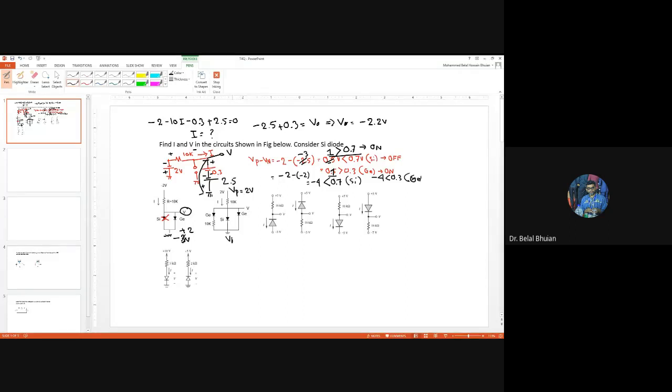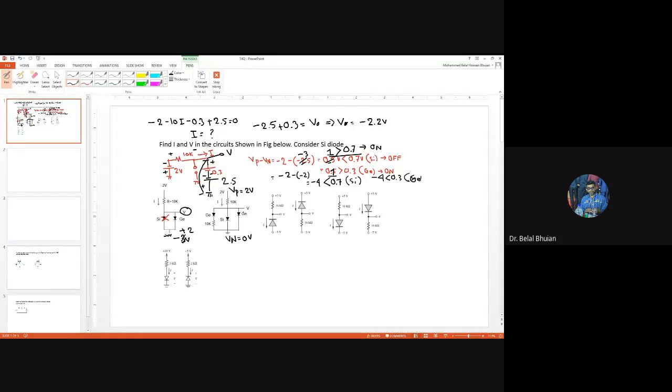The P side voltage Vp is equal to 2 volt and the Vn is equal to 0 volt. So clearly Vp minus Vn is 2 volt, which is greater than 0.7 and greater than 0.3, which means both the silicon diode and the germanium diode appear to be on.